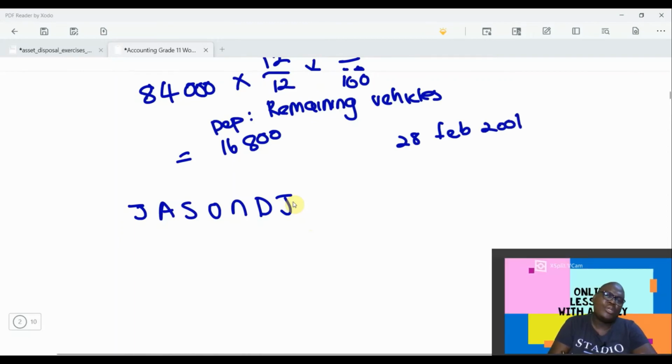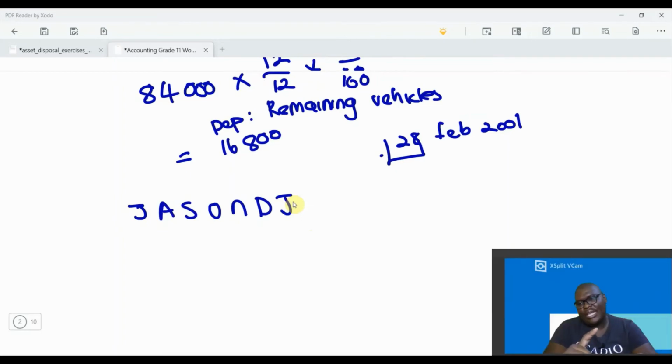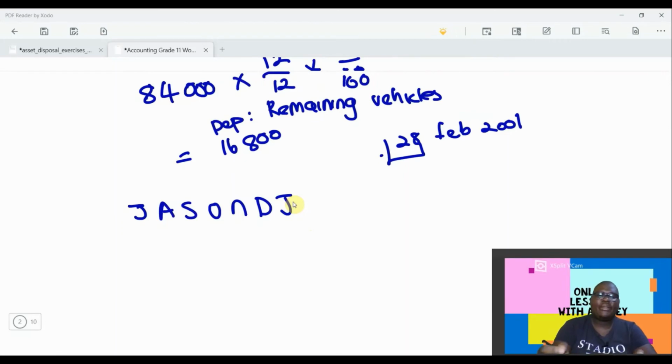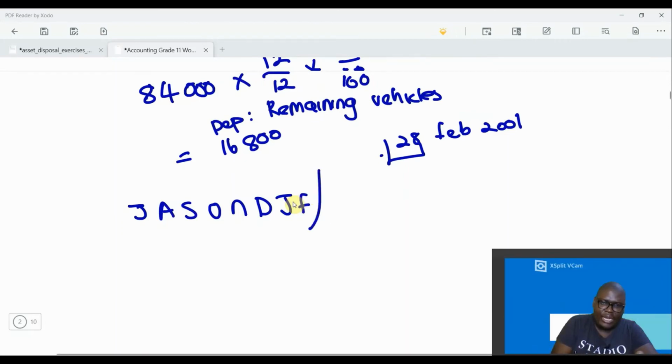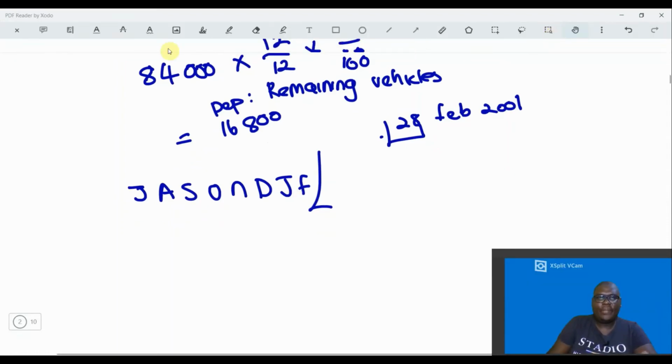So it was bought at the end of the month, and because of that, February will not count. We'll start calculating depreciation on the next month. So February will fall here, and we'll start calculating from here going forward, from the next month going forward.